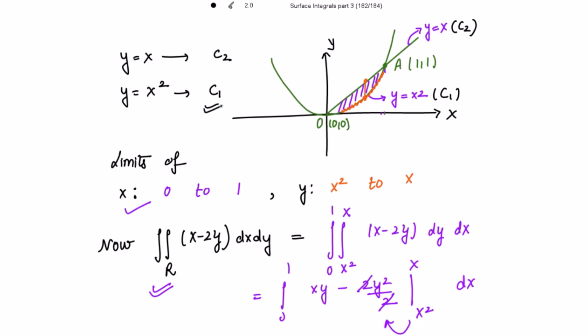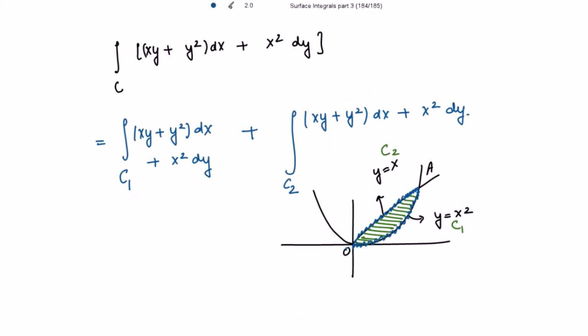For the curve C1, we need to put y equal to x square. Along the curve C1, we have y equal to x square. So for the first integral, we have to replace y with x square.